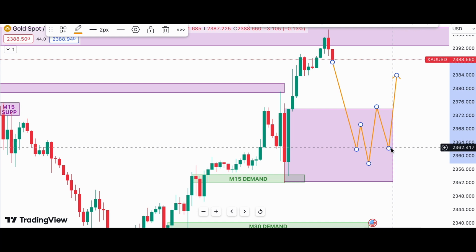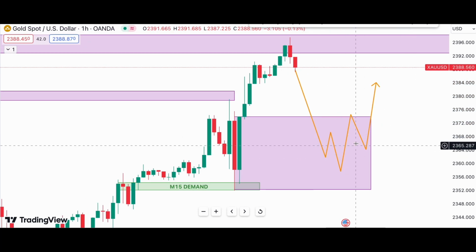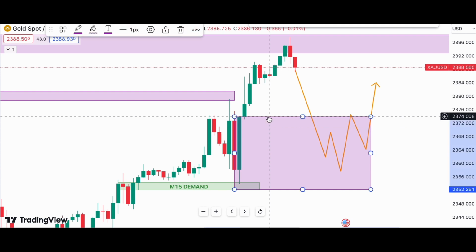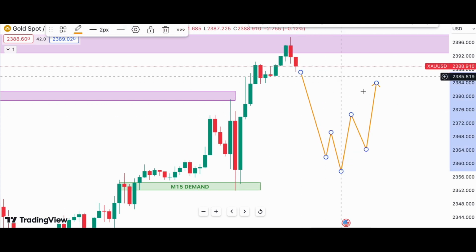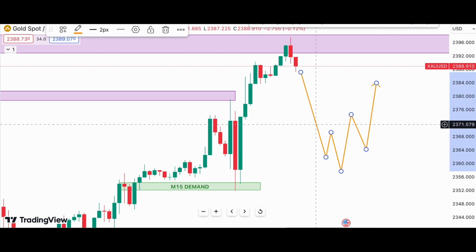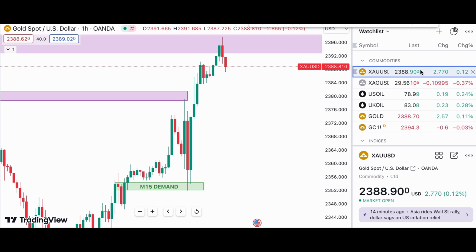Only then do we buy, based on the new demand zone in the low time frame. This is the best and safest way for our trading. So for gold, I think it will have a continuous uptrend and maybe make another new all-time high.